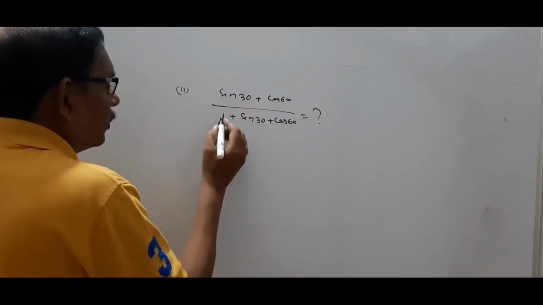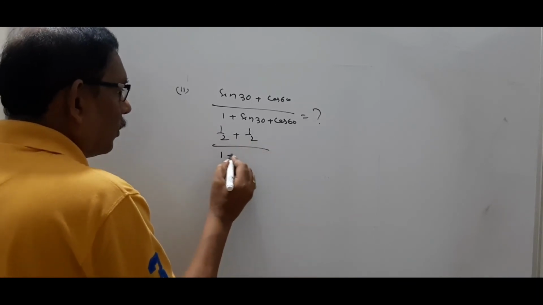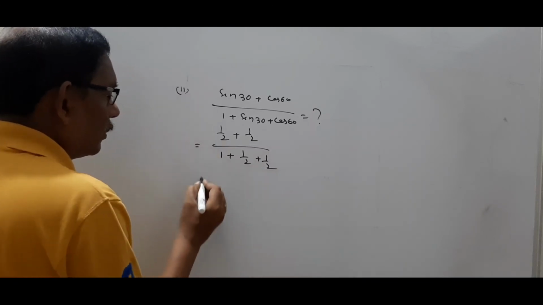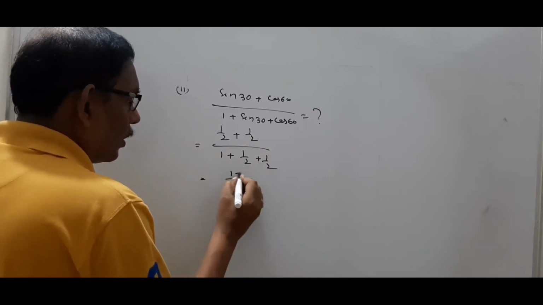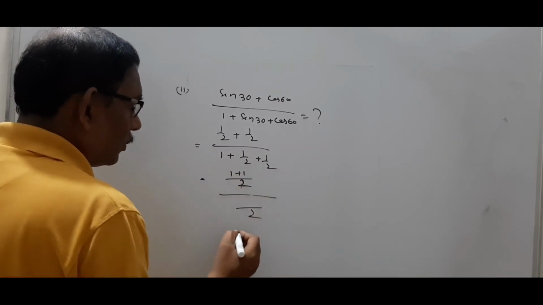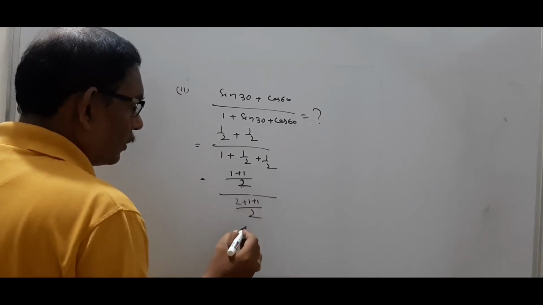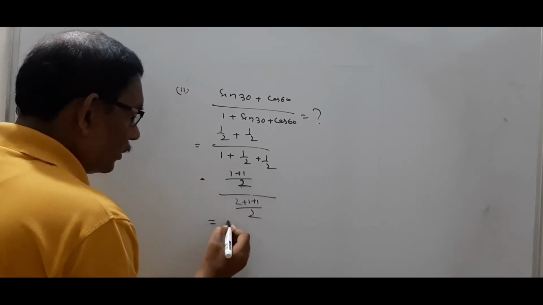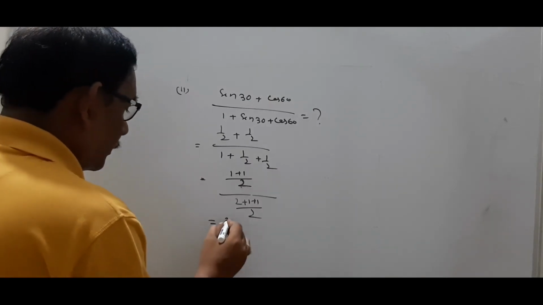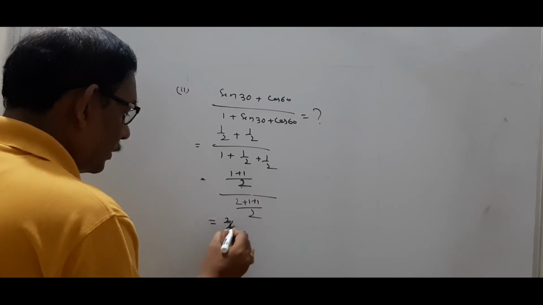Put sin 30 as 1 by 2 and cos 60 as 1 by 2. So 1 by 2 plus 1 by 2; taking the LCM, that is 2, 1 plus 1 is 2, 2 by 2 is 1.